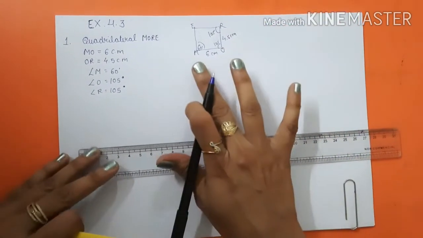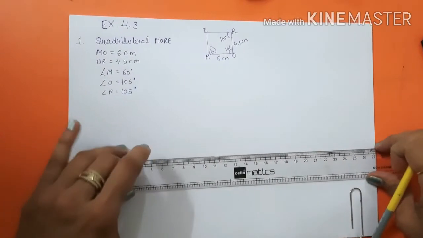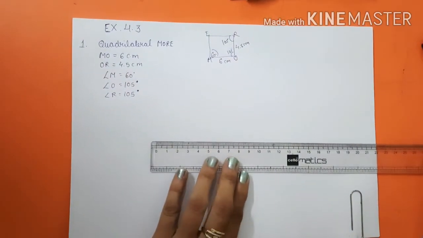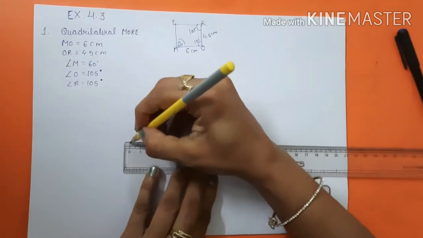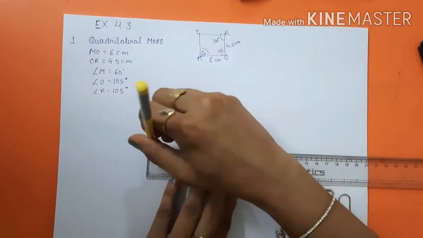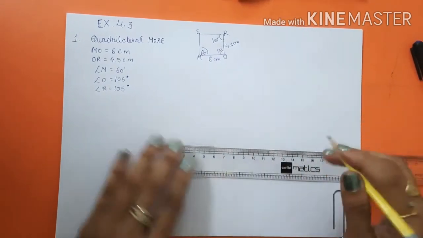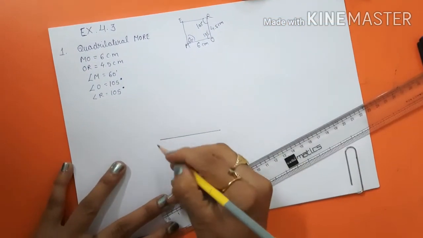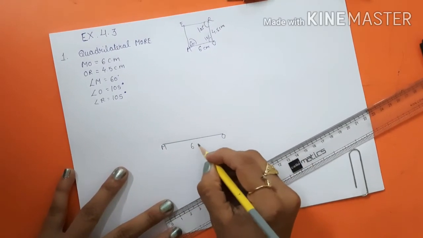So first we'll start from this side, MO. We'll take 6 centimeter measurement and we'll draw a line. This line is MO, 6 centimeter.